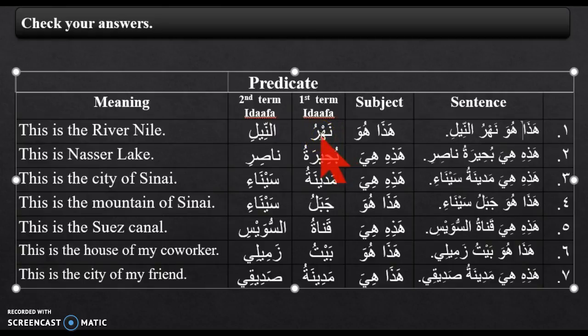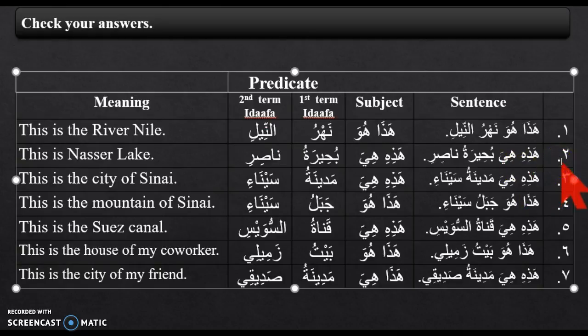And the rule says the first term in إضافة never carries any kind of tanween. هذا هو نهر النيل. النيل carries كسرة because the second term in إضافة, or final term, carries كسرة.